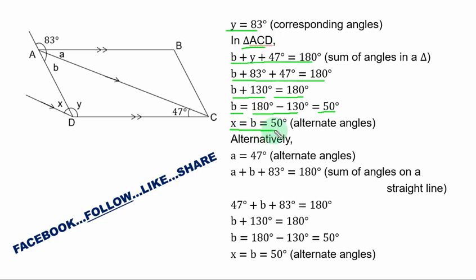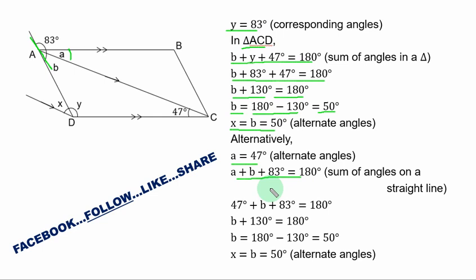Alternate angles. Alternatively, you can as well get a first. For you to get a, this line AB is parallel to DC. That means angle A is equal to 47 degrees, alternate angles. Now let's get B. You add the three angles on this line, the sum is 180 degrees.